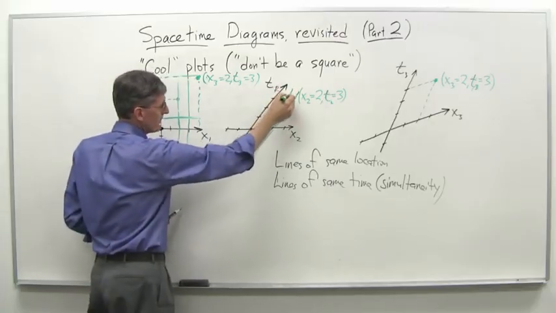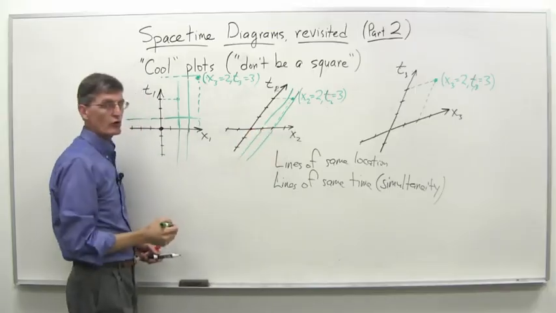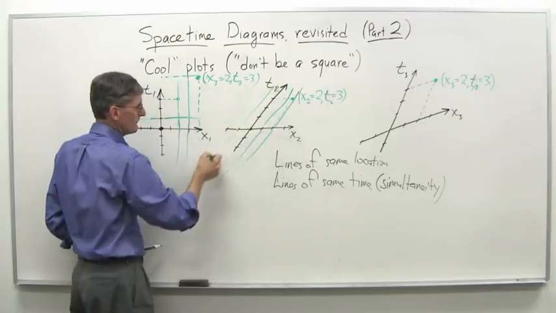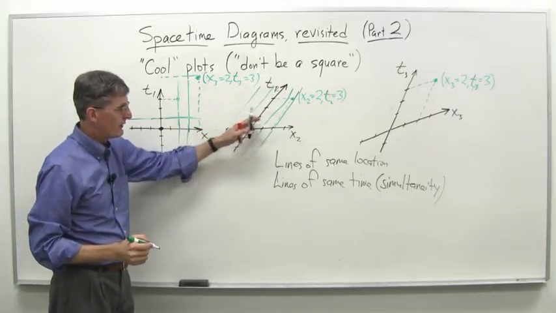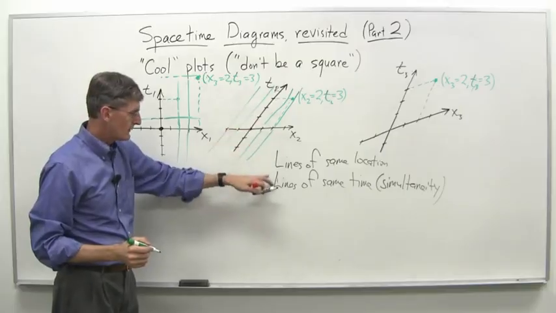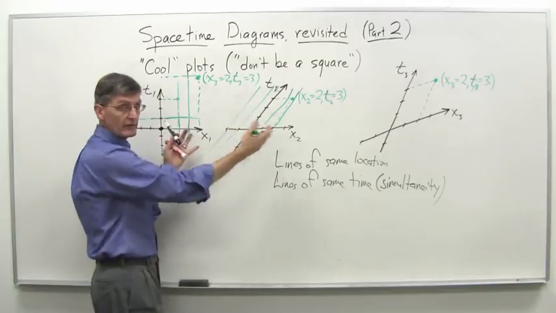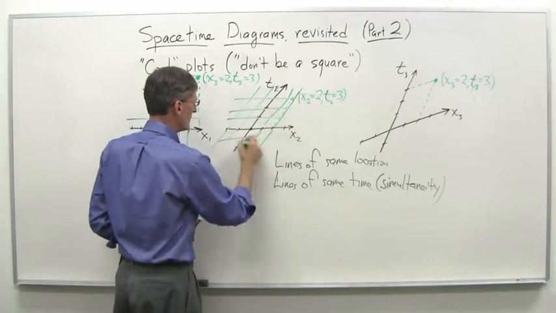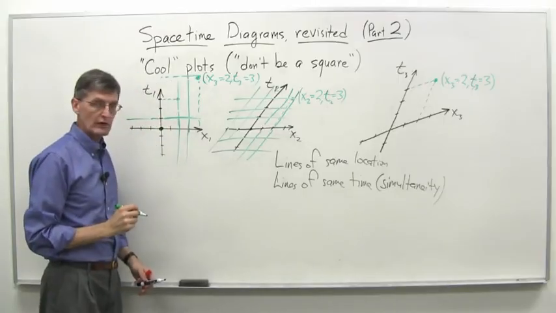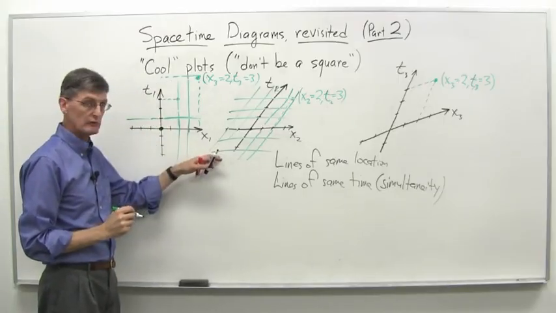But anyway, same lines of same location on this plot are parallel to the time axis. Lines of same time, because the x-axis is horizontal here, are still going to be the horizontal lines there. So that is what our lines of same location, same time, lines of simultaneity would look like.